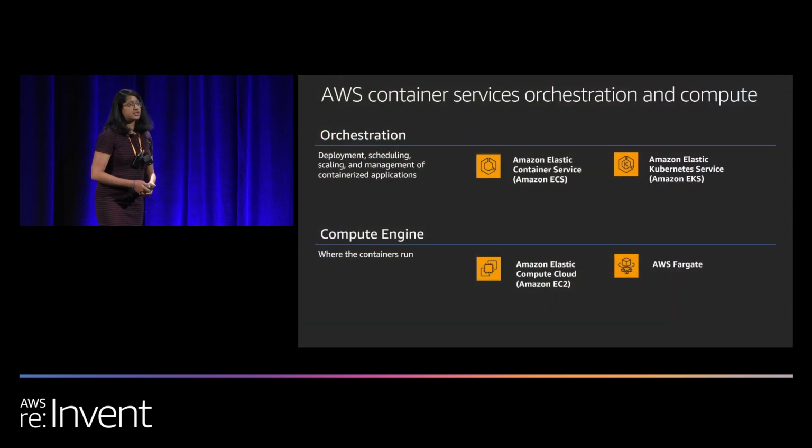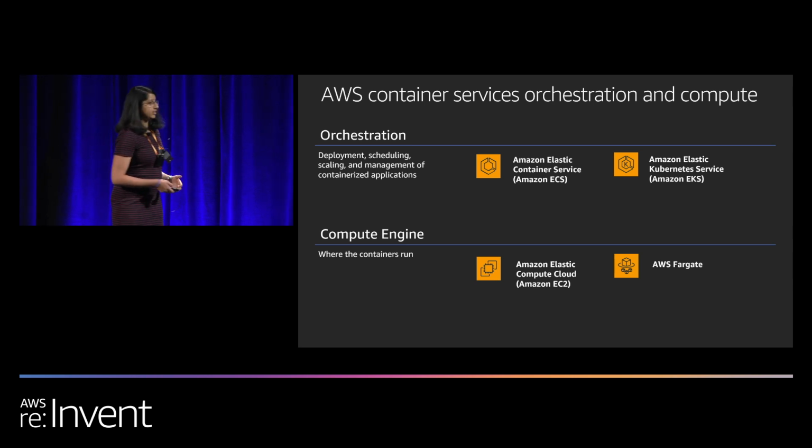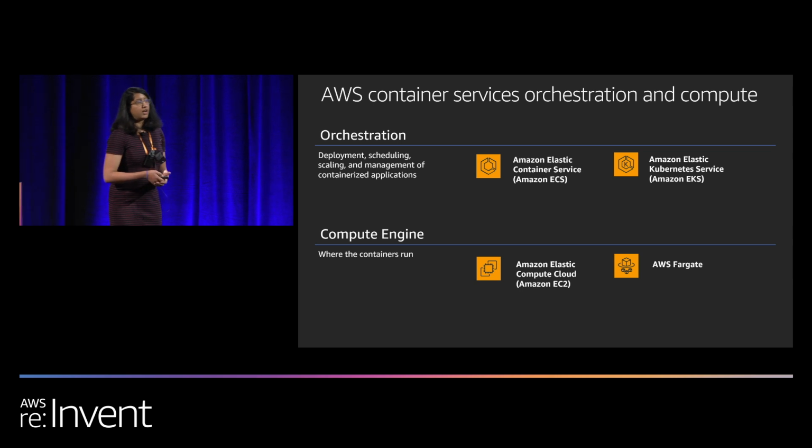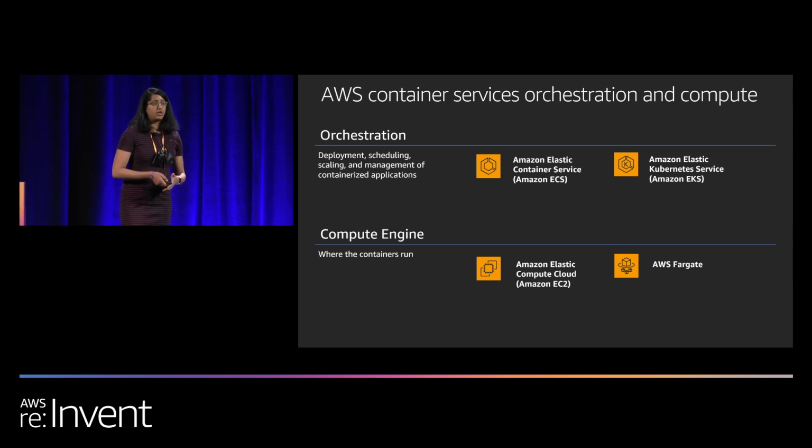So when you first decide to run your container apps on AWS, you start at the orchestration layer. That is required to run and manage your container control plane. So we have Amazon Elastic Container Service, ECS, and Amazon Elastic Kubernetes Service, EKS, both as orchestrators that you can use.